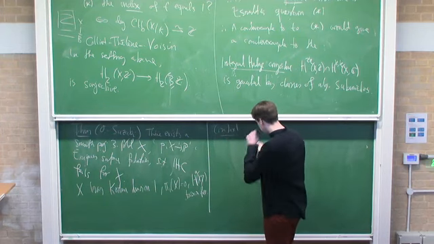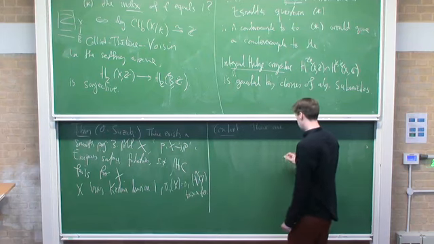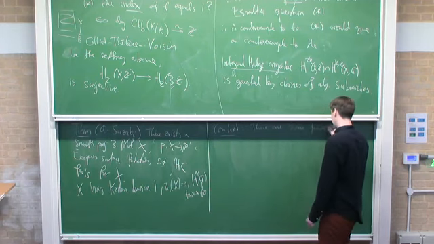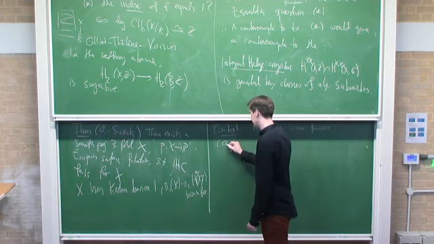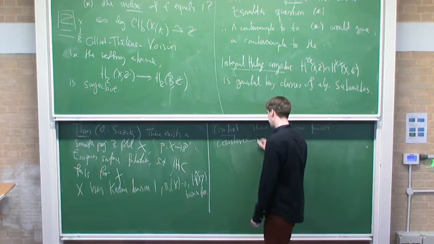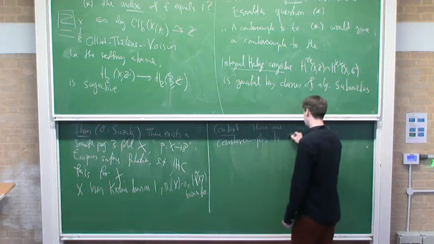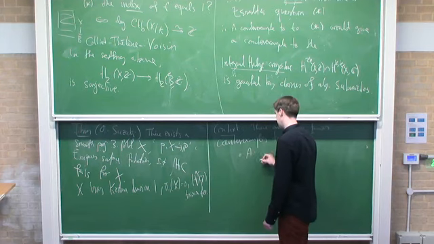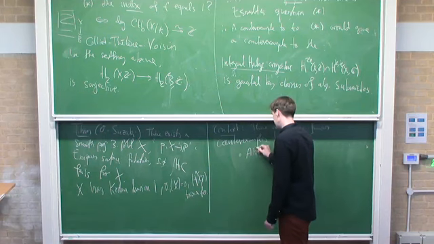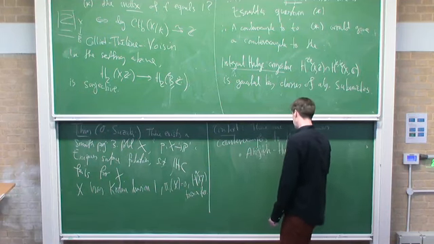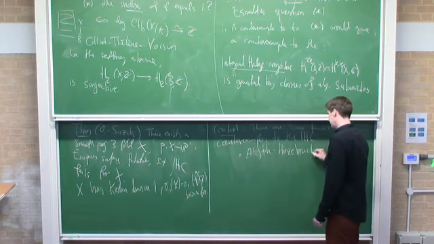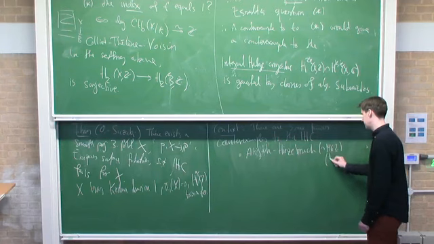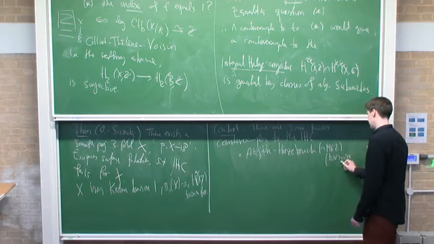So first, there are some famous counterexamples to the integral Hodge conjecture. One is due to Atiyah and Hirzebruch in the 60s, I think around 1962. So this is with torsion classes.